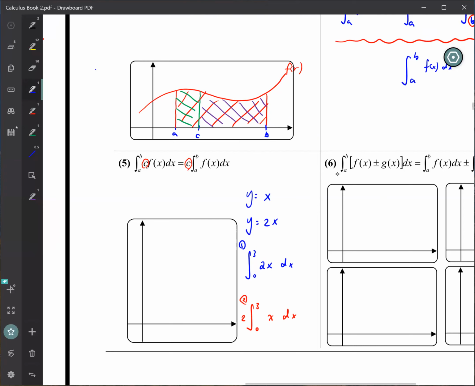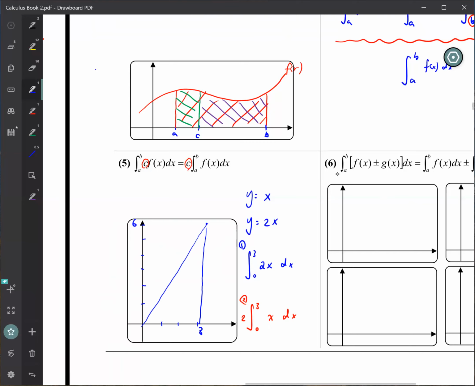So for the first one, the slope is 2, right? So 1, 2, and then 1, 2, 3, 2, 4, 6. So the area will be this one. For the blue one, it will look like this.